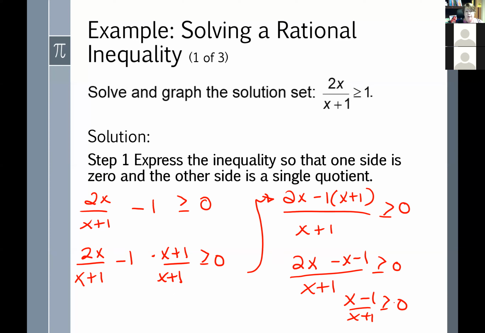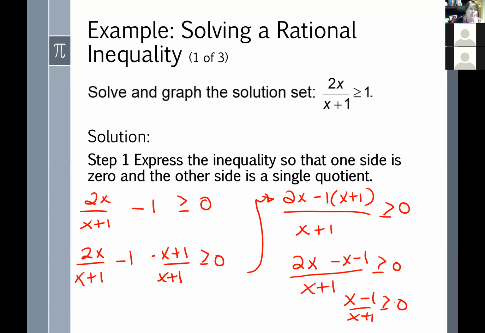Now I have greater than or equal to, and a fraction's only equal to 0 when the numerator is 0, not when the denominator is 0. So I am going to include any endpoints that make my numerator equal to 0. Okay, so how do you find the boundary points when you're solving a rational inequality?